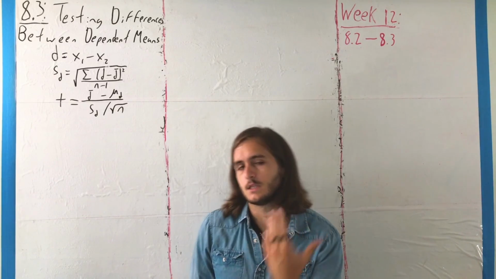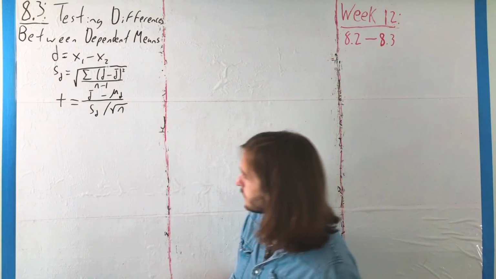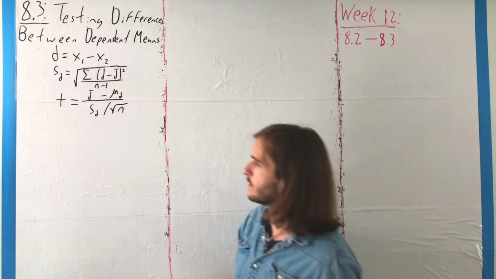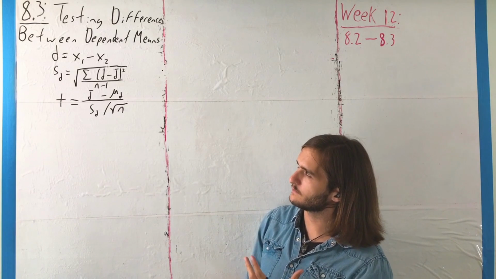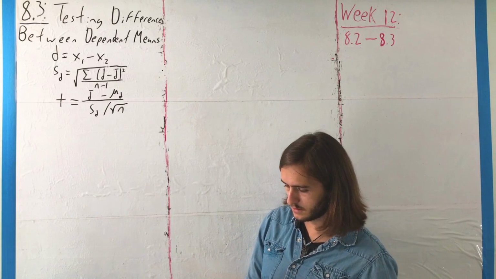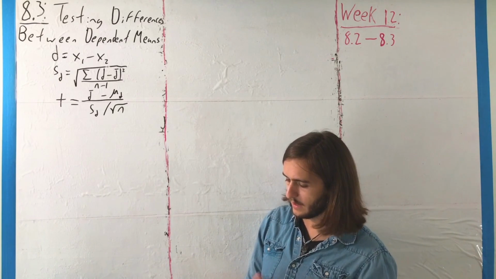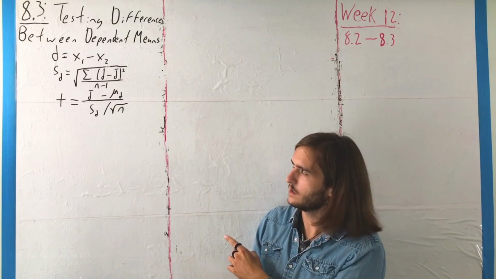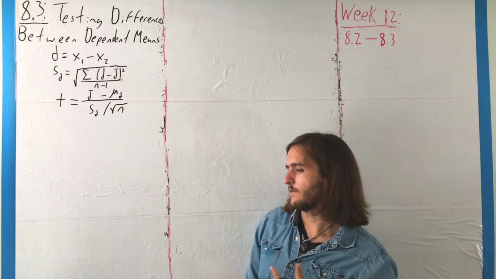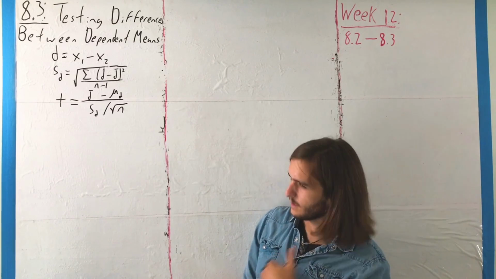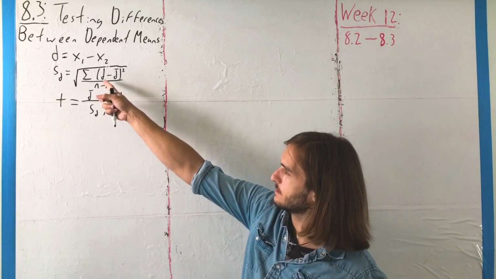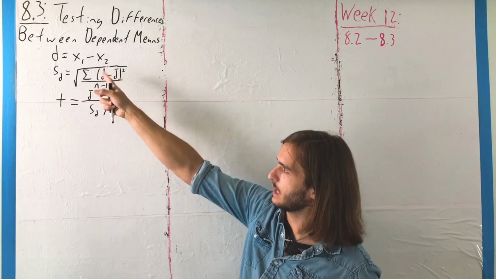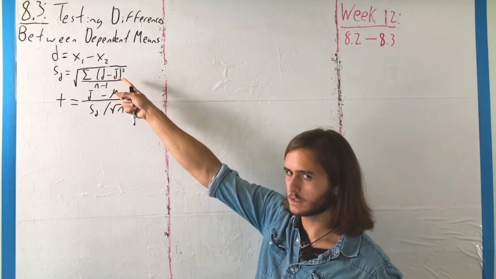From there, we talk about the standard deviation of our differences, SD, which is the square root of the sum of d minus d bar, the average distance, squared over n minus 1, which should look familiar, because that's basically the formula for the sample standard deviation S, except that's a d instead of an x, and that's a d bar instead of an x bar.